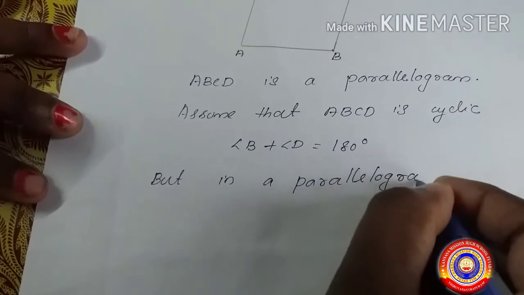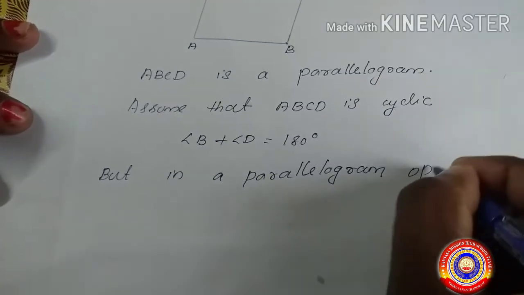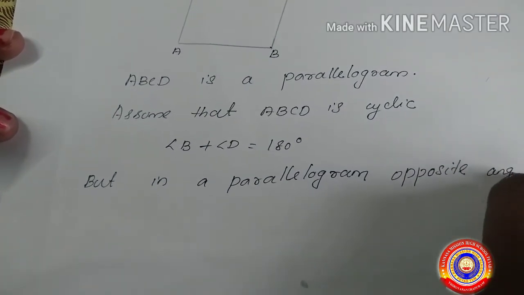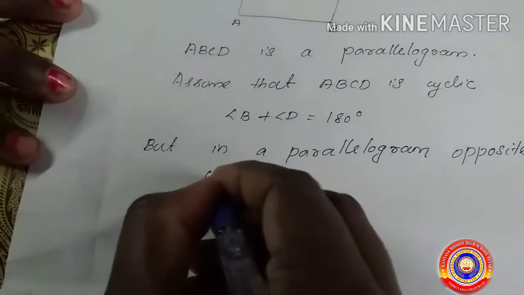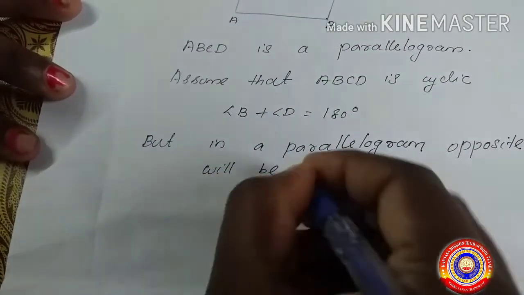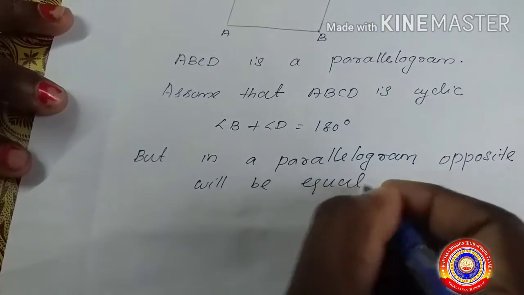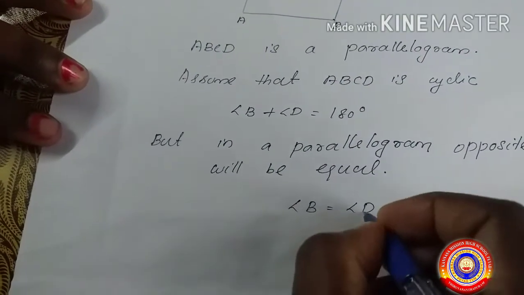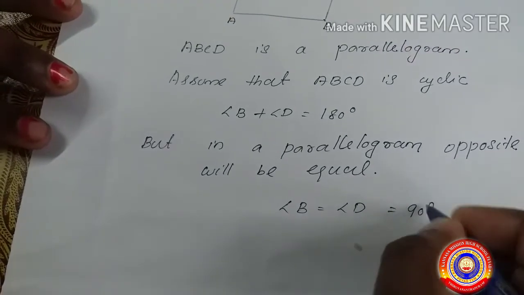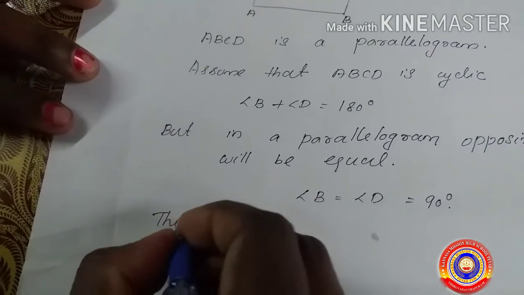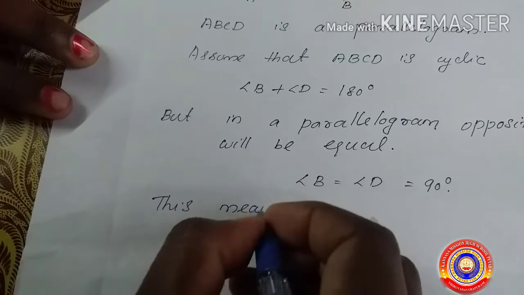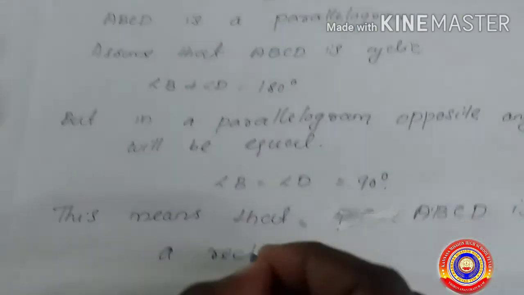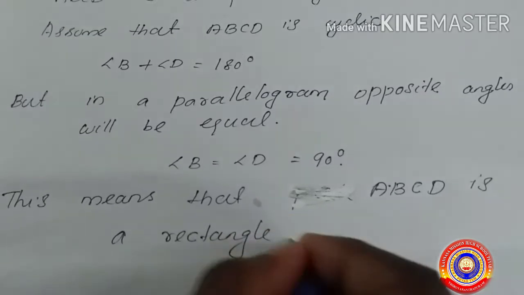But we know that in a parallelogram, the opposite angles are equal. So we can write angle B equal to angle D equal to 90 degrees. This means that ABCD is a rectangle.